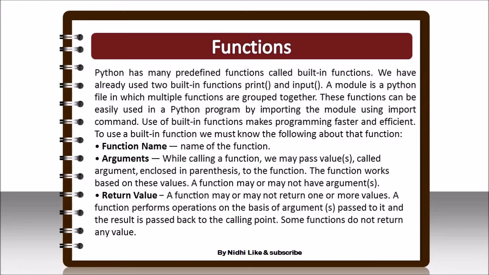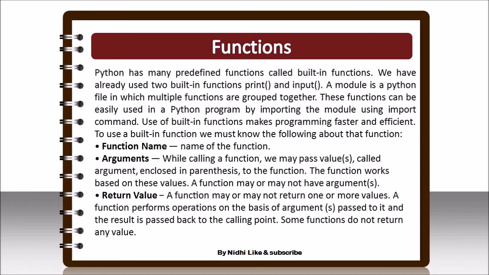To use an inbuilt function, we must know the following about the function. First is the function name. Second, arguments. Arguments are what we provide in brackets. While calling a function, we may pass values called arguments enclosed in parentheses to the function.